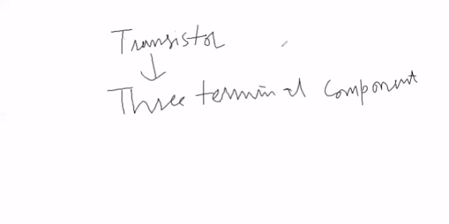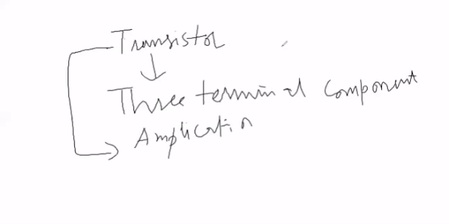A transistor is mainly used for two purposes. One purpose is amplification, and the second purpose is as a switch, on or off, 0 or 1.